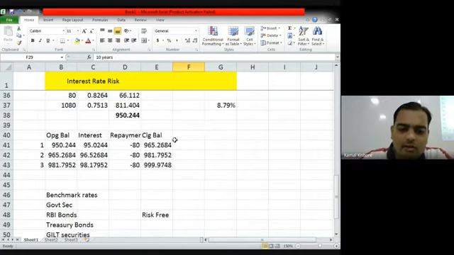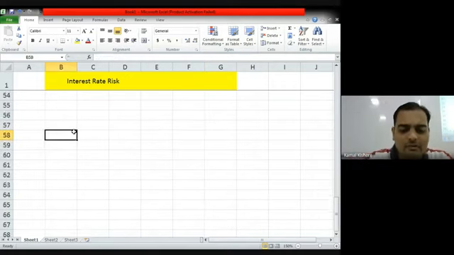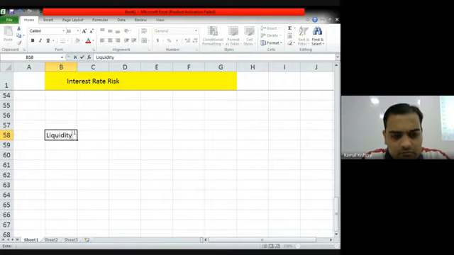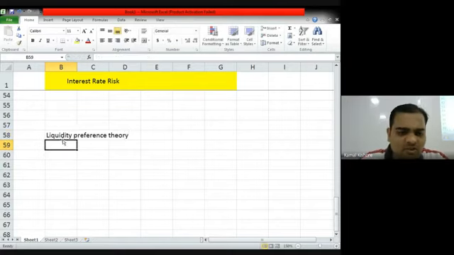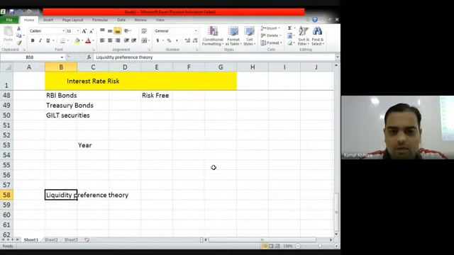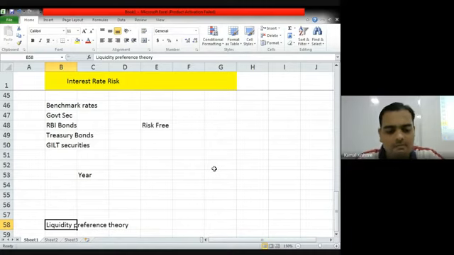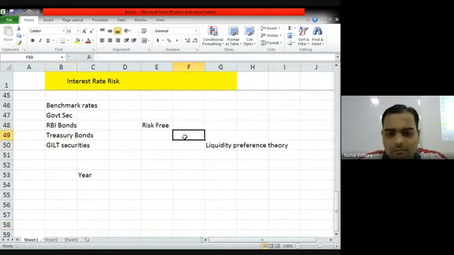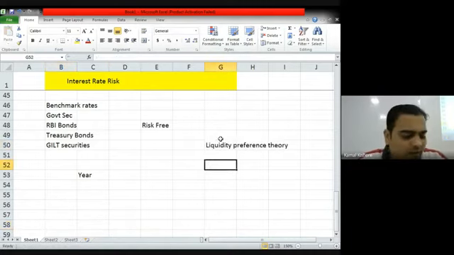And that theory is called the liquidity preference theory. That means investors seek liquidity. They expect liquidity.